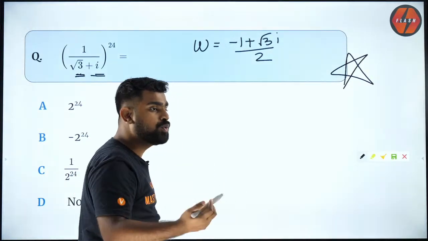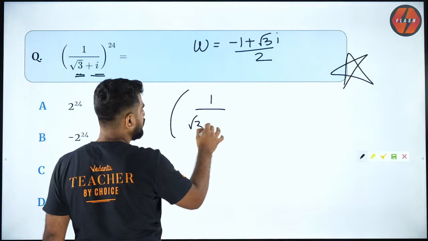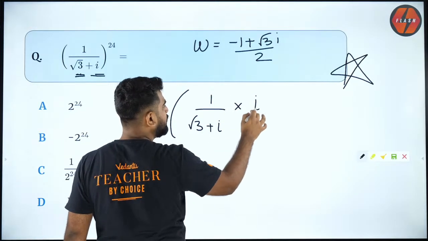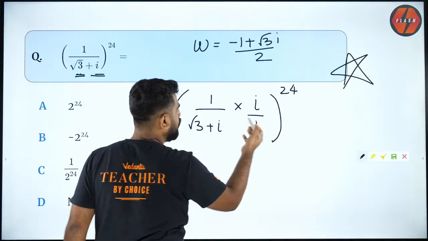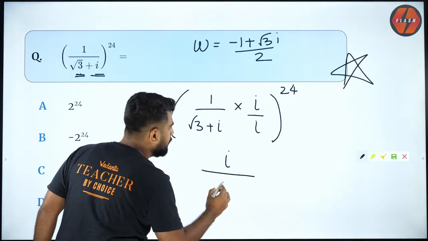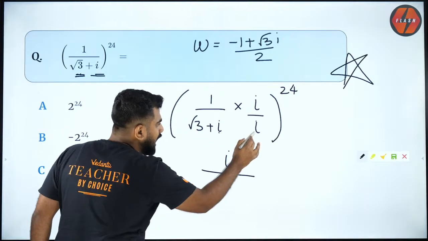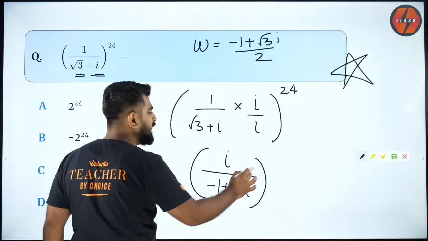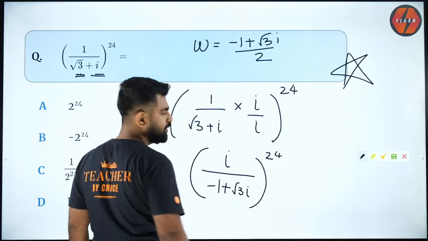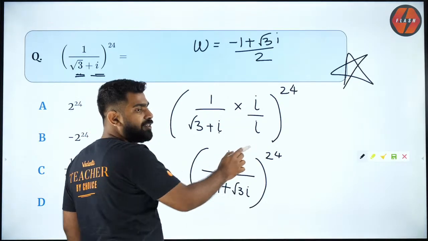But what I will do is multiply and divide by i, and outside we have 24. So this will be i by i square, which is -1. i into root 3 is root 3i. Now do you all get it? I multiplied and divided by i.